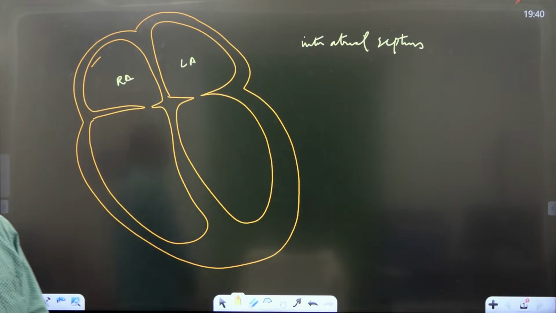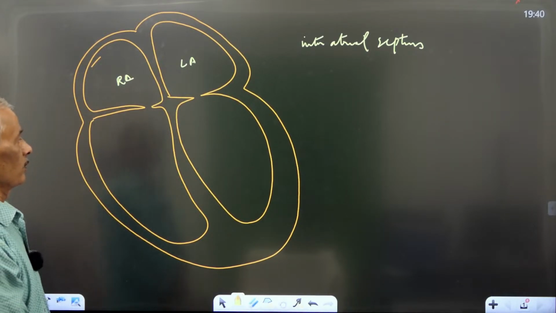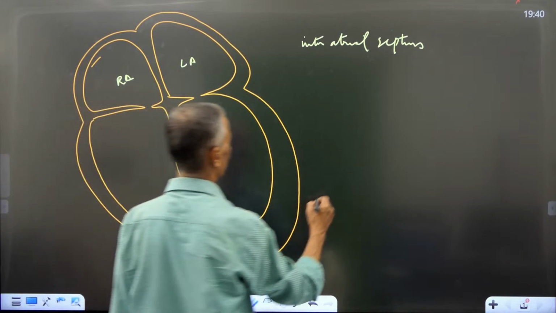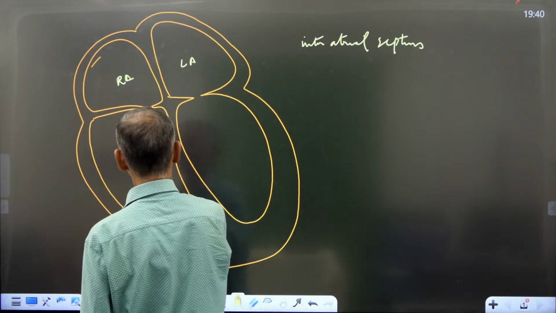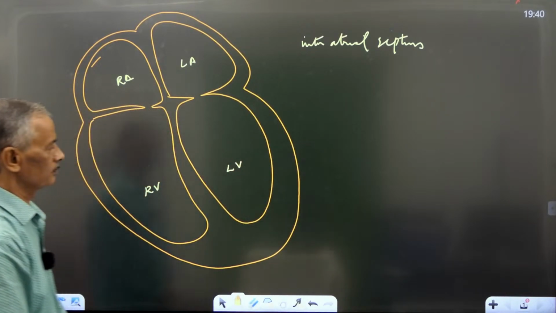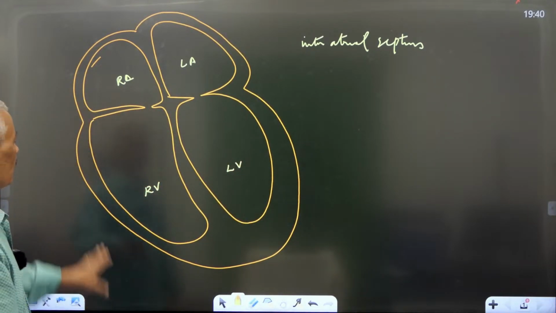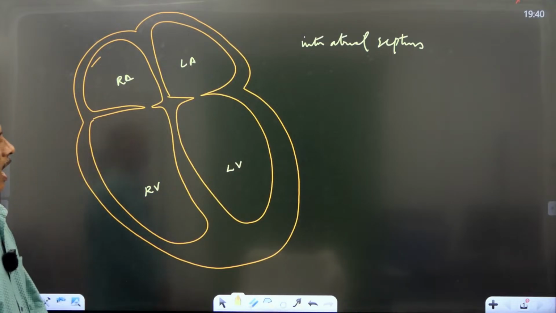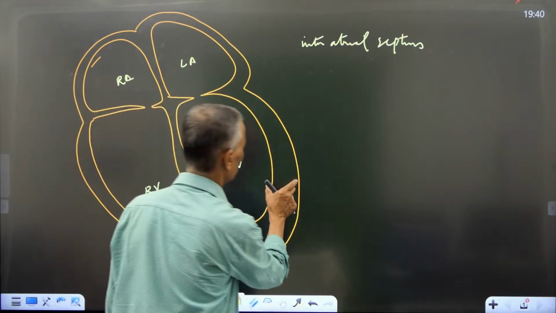The 2 lower chambers are larger. These larger chambers are called ventricles. So this is the right ventricle, this is the left ventricle. Ventricular walls are thicker and the wall of the left ventricle is the thickest.